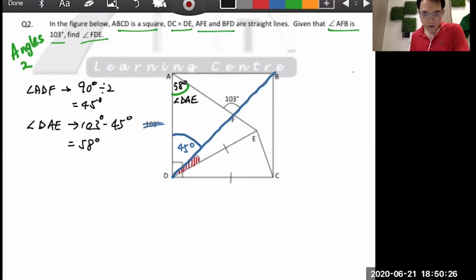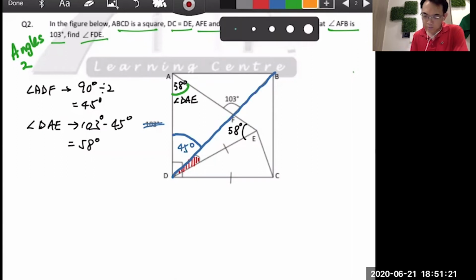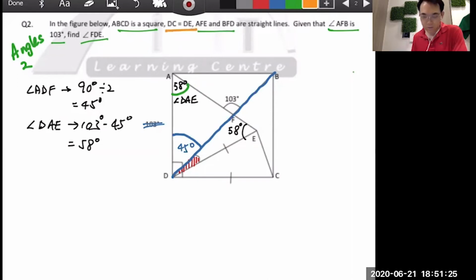If this is 58 degrees, I can now find the angle over here. This angle. And this angle is 58 degrees as well. How do I know that? Well, I know that because, as was instructed earlier in the information, they say that DC equals to DE, right?